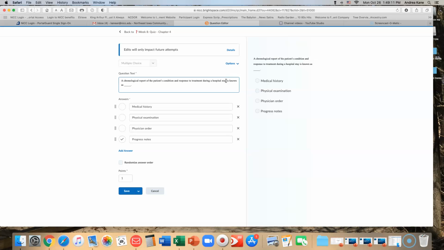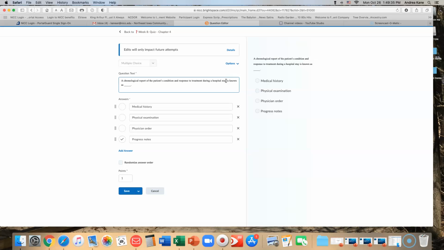All right, let's talk about physical exam. Is a physical exam a chronological report of the patient's condition, response to treatment during a hospital stay? No. If you go further down on page 104, the physical exam represents the physician's assessment of the patient's current health status after evaluating the patient's physical condition. So no, that one's not right either.